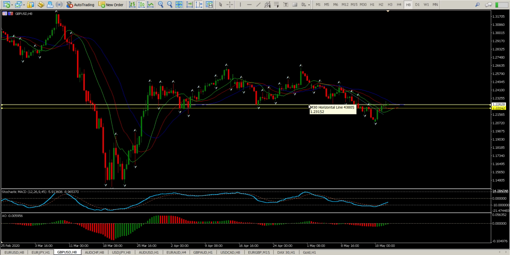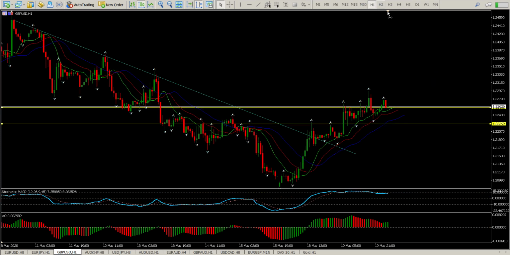If I move that level there, you'll see swing low, swing low, swing low. So we've got support, support, support, rejection there, rejection, rejection, and now we're back in this zone. So what I'm looking for here is to see what price is going to do.